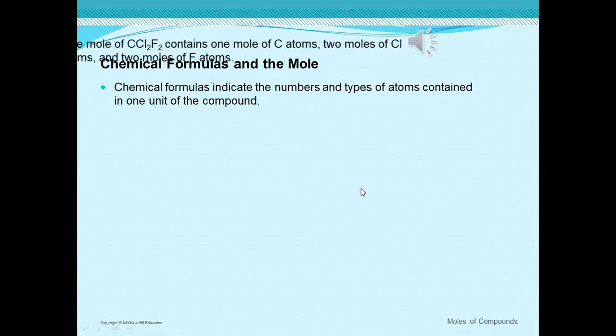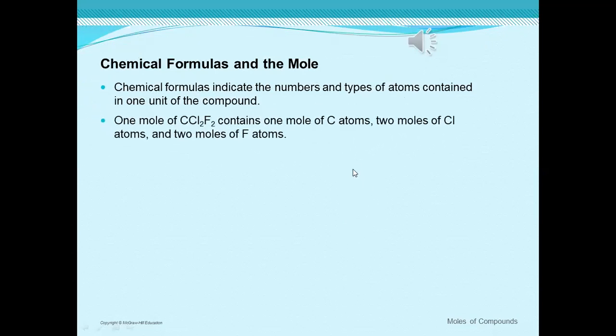Yes. 1 mole of CCl2F2 contains 1 mole of C atoms, 2 moles of Cl atoms, and 2 moles of F atoms. So this is, as an example, 1 mole of CCl2F2. It contains 1 mole of carbon, because it's one atom, 2 moles of chlorine, because its symbol is Cl2, and 2 moles of fluorine atoms, because it's also inside this compound, F2.